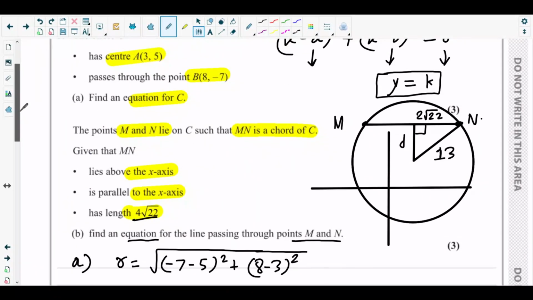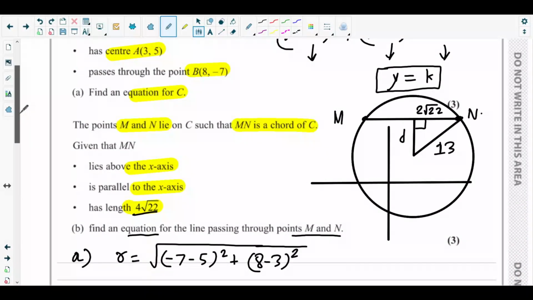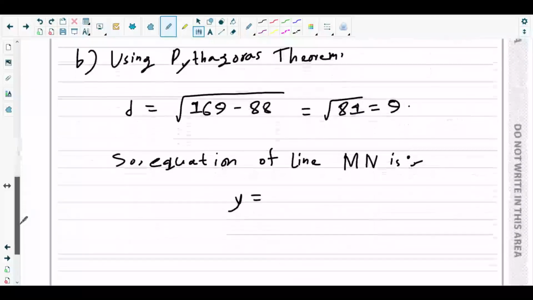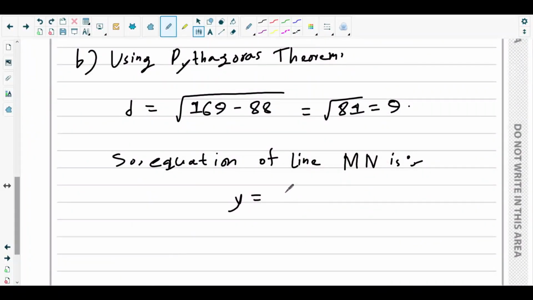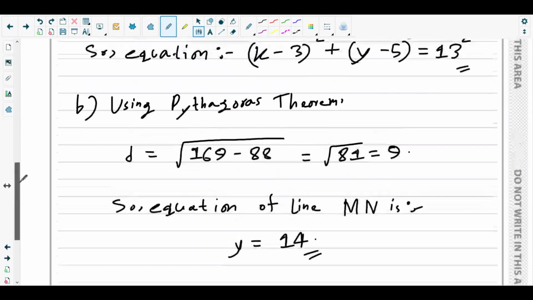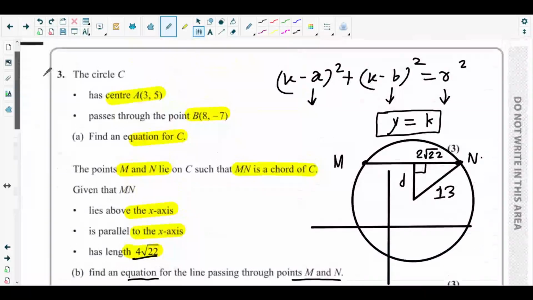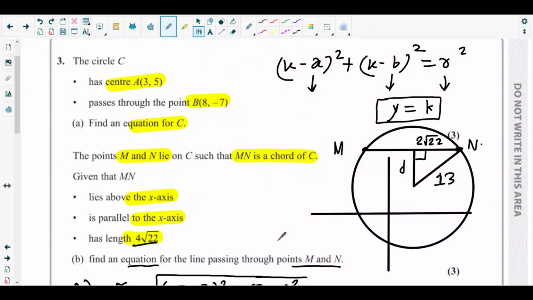So 5 plus 9 is the y coordinate of point N, which is 14. So the equation of line MN is y equals 14. That's it. This is the equation of the chord MN, and that's what part B of question number 3 has asked for.